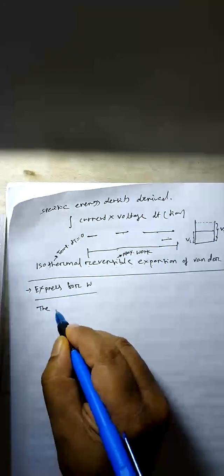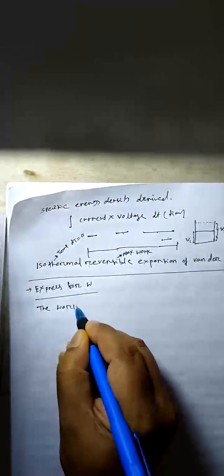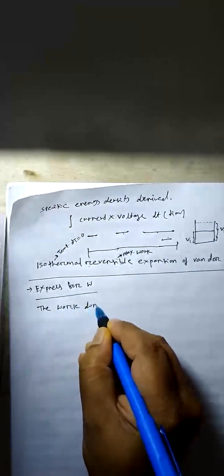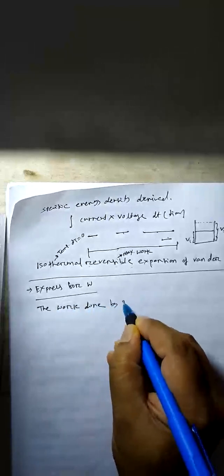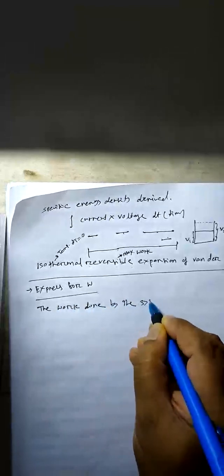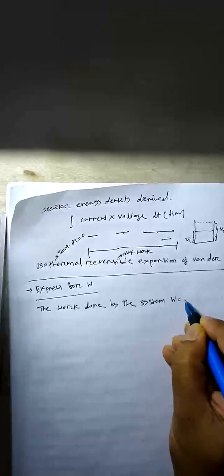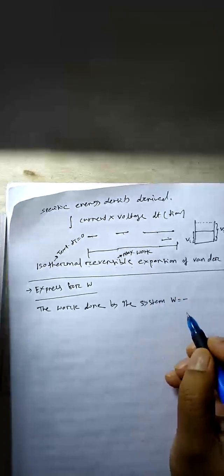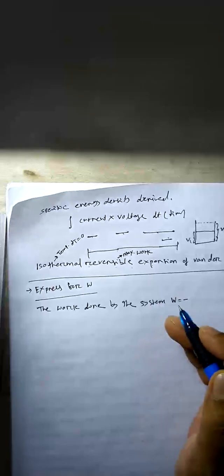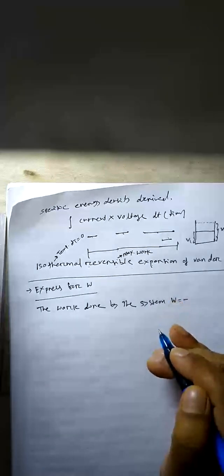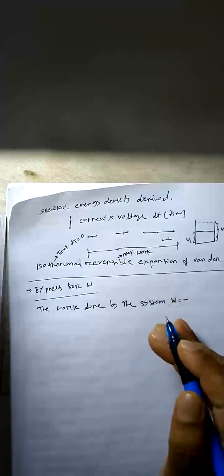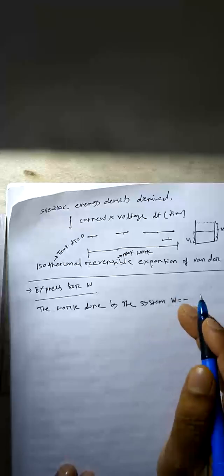Work done by the system means W is equal to minus, because when the system does some work, its energy decreases. By any means, if the energy decreases, it will be negative.